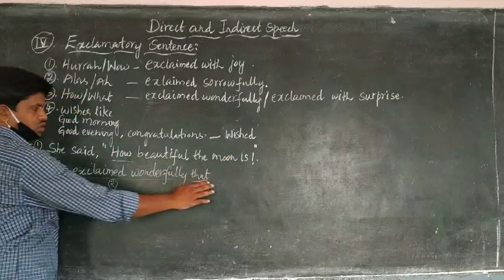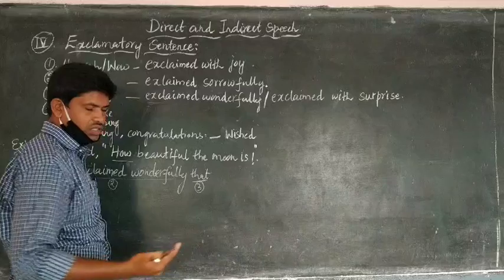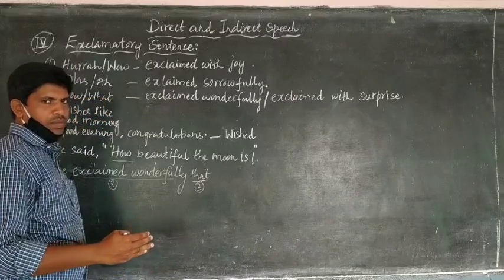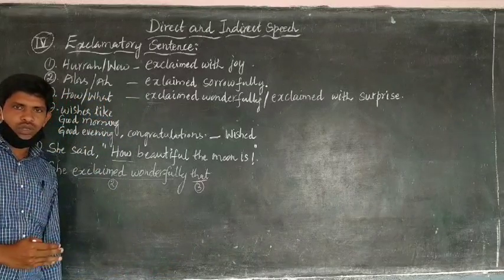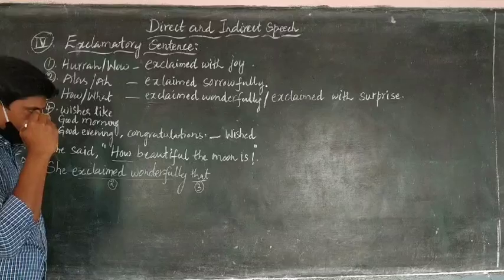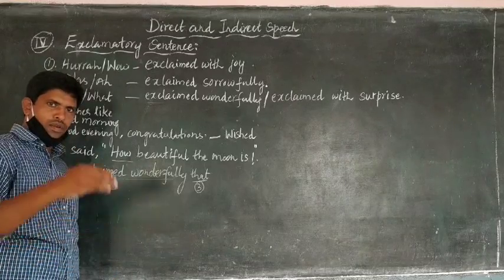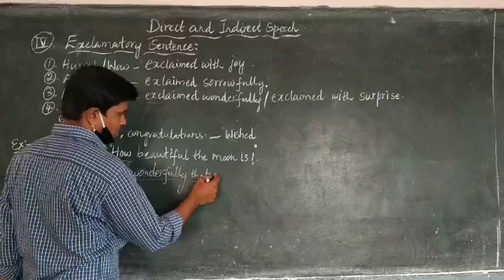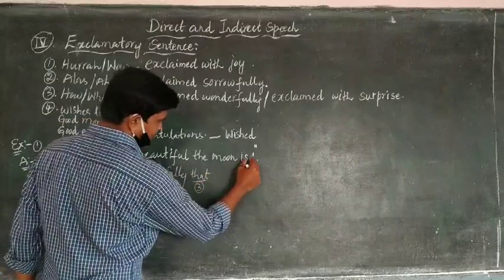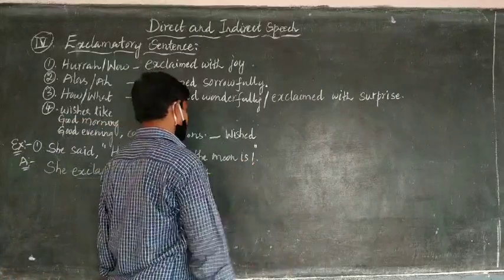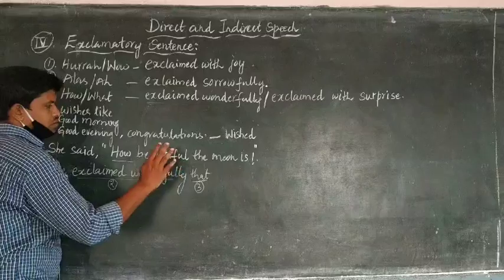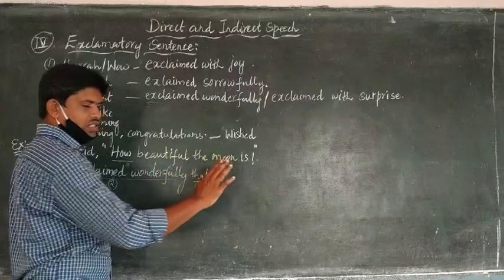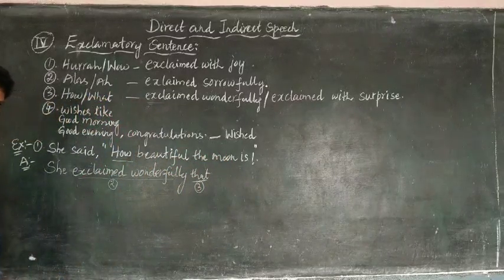An assertive sentence has a complete meaning, and the assertive sentence starts with the subject, verb, object, and ends with the full stop. So same here also, we have to use subject, verb, object, and tense we have to change.